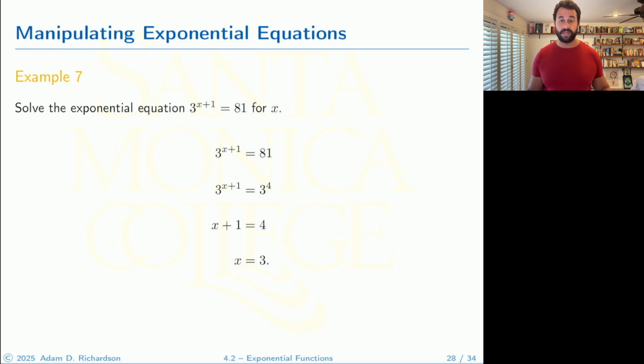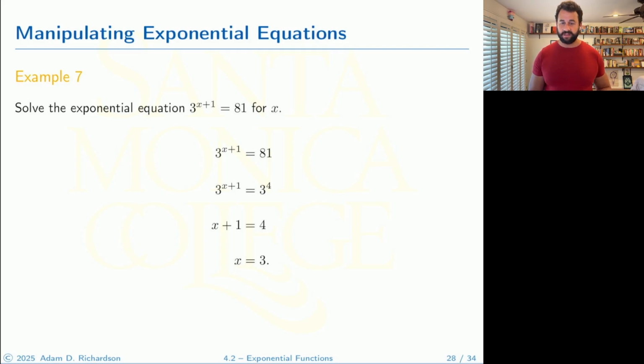You can drop the base. And then what you're left with is just the exponents. x plus 1 is equal to 4. That's the power of that proposition. So if the bases are the same, you can drop the base, and then you end up with this. Now we've just got a good old linear equation. We can solve it using those techniques we learned before. We get x equals 3.